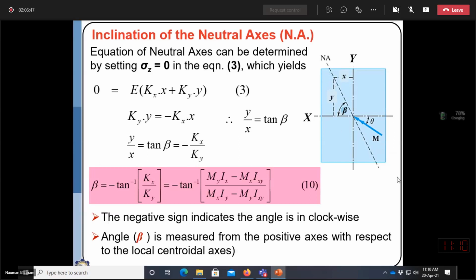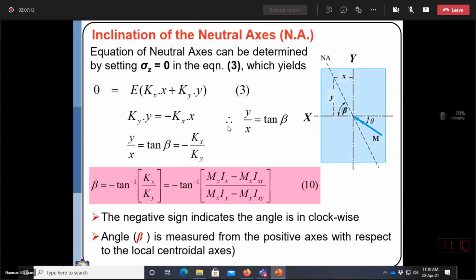Along the neutral axis, if we take any point and want to determine the angle subtended by the neutral axis with reference to the x-axis, the ratio of the y distance to the x distance will be constant along the neutral axis, as we have already discussed. The ratio y over x will be equal to tangent beta.